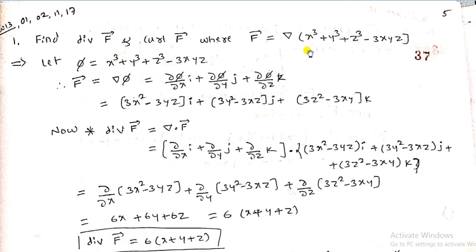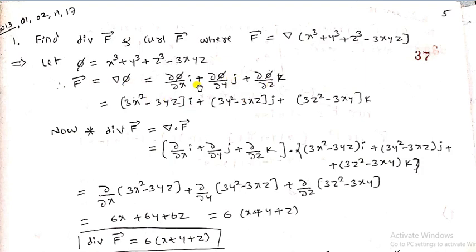Before this, write the phi function as x cube plus y cube plus z cube minus 3xyz, and vector f equal to del of this term, meaning differentiate x cube plus y cube plus z cube minus 3xyz with respect to x, with respect to y and with respect to z partially.